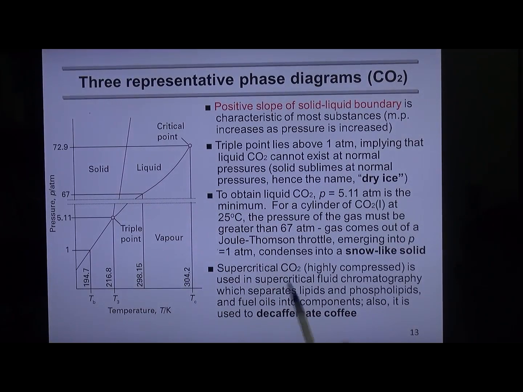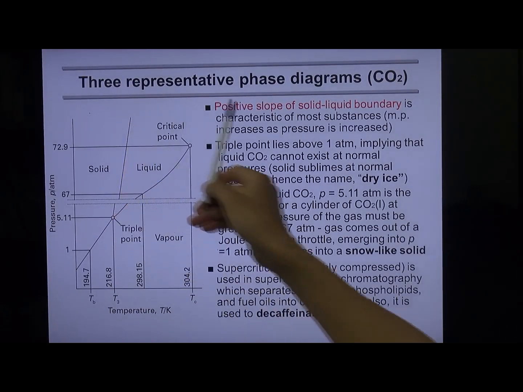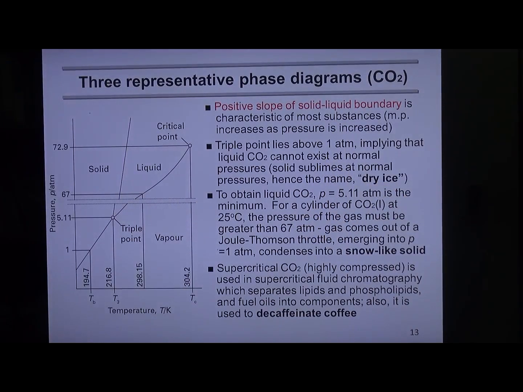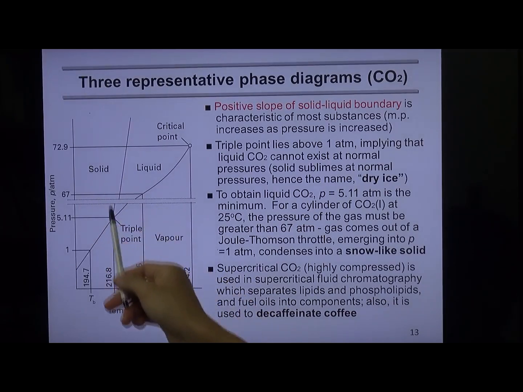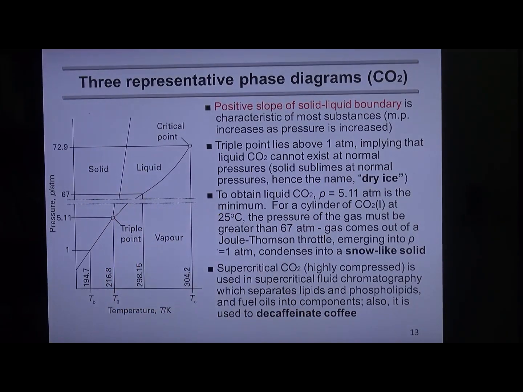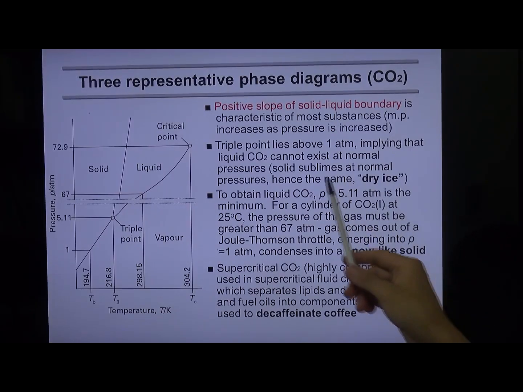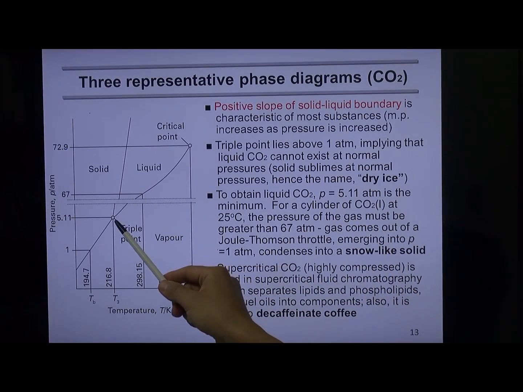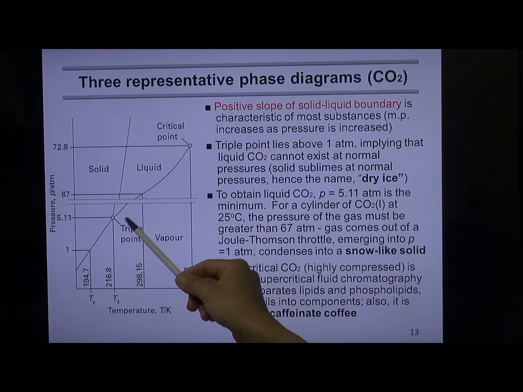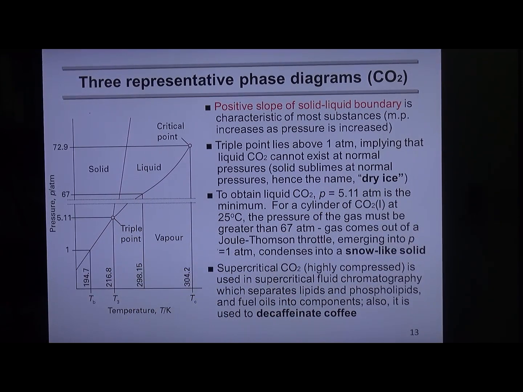So as you see, we have a positive slope of the solid-liquid boundary, which means that as we increase the pressure, the melting point also increases. For CO2, the triple point is here at 5.11 atm and 216.8 Kelvin.